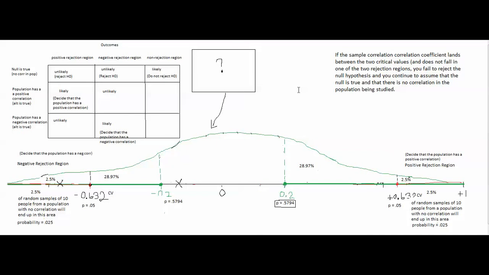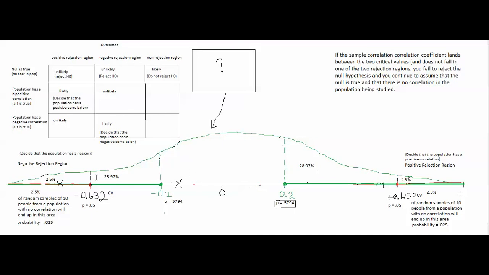So, like I said, if you take a bunch of different samples of 10 people from a population with no correlation, 28.97% of them end up in this area going out from here, and 28.97% end up in this area starting here and going out. And when you combine these two, when you add the two decimals together, you get the p-value.